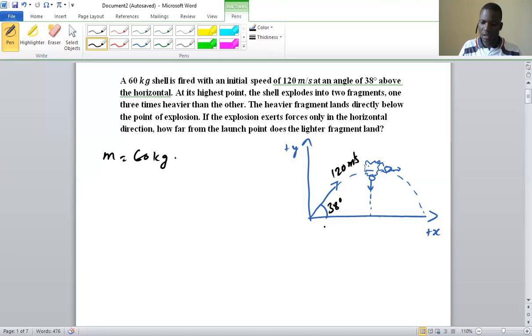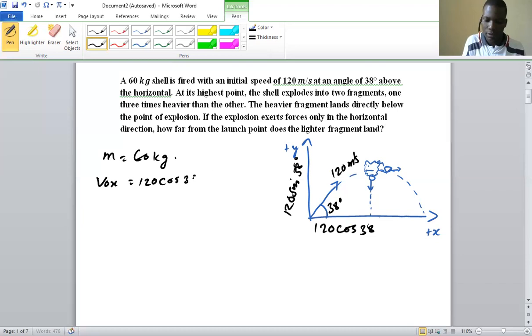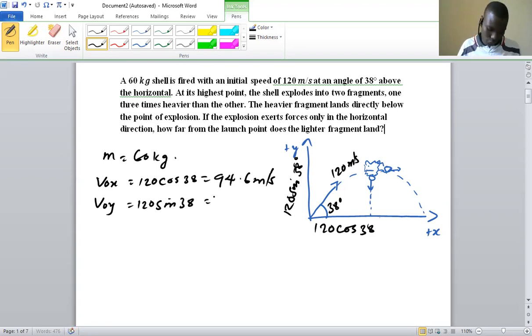In the horizontal, we are going to have 120 cos 38, which is equal to 94.6 meters per second, and in the vertical, we are going to have 120 sin 38 degrees, which gives us 73.9. So those are our speeds in the X and in the Y.